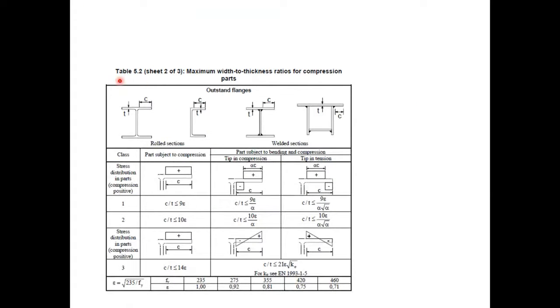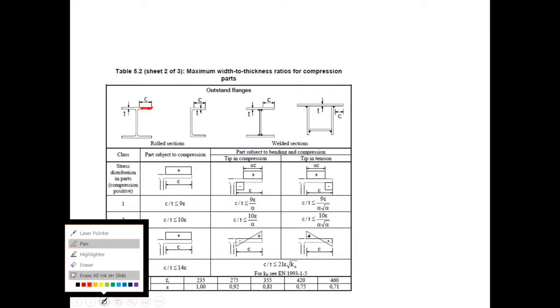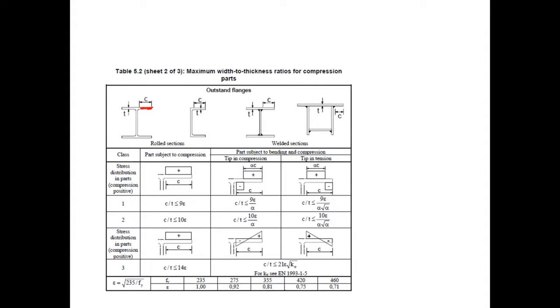Now we're going to do the flange, so the same table 5.2, just the second sheet of that. We want to classify the flange, so we need the C over T ratio for the flange as well.